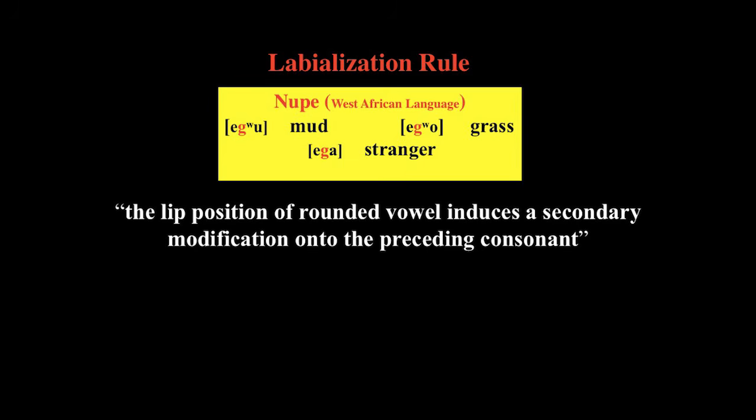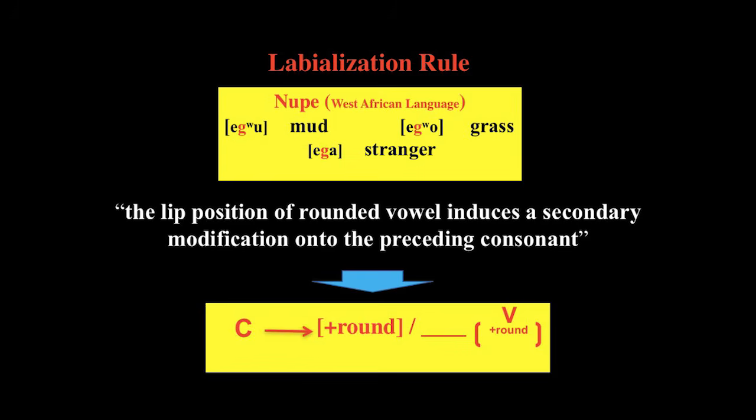We simply write C as a phoneme between slashes becomes plus round, and here between brackets to refer to the phonetic change, a slash, which means whenever, then we specify the environment with the dash, followed by V, which refers to a vowel, and we specify the feature for a vowel, which is very important here, plus round.